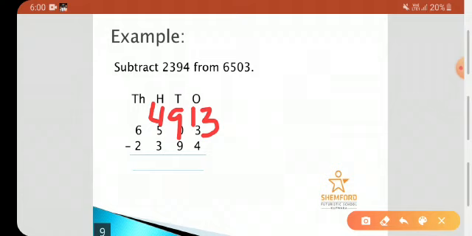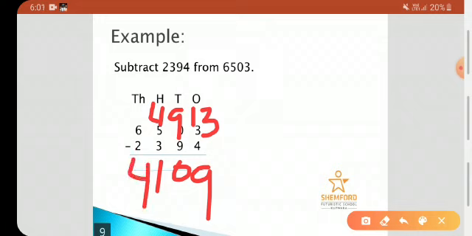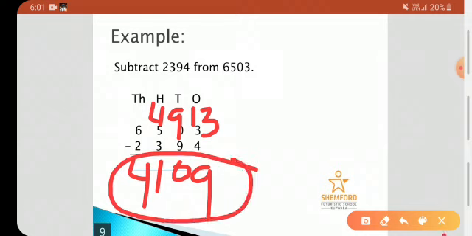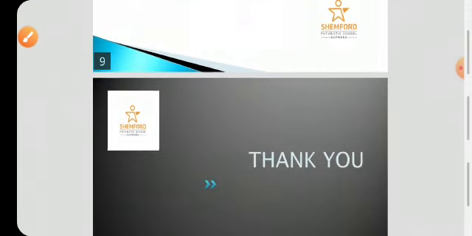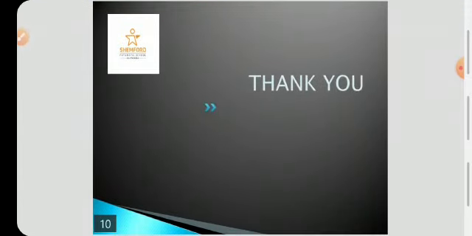When we subtract 4 from 13, what will come the answer? 9. When we subtract 9 from 9, the answer will come 0. Now here 4 minus 3, 1. 6 minus 2, 4. This will come our answer. Thank you.